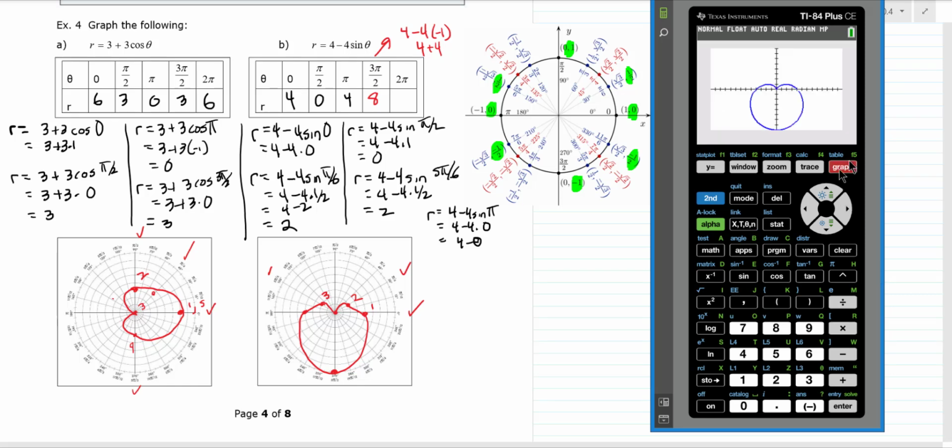And that's the same thing we got. We did a couple extra points to add to the accuracy. Again, if you start by tracing at 0, and then if you just press this, it'll give you a feel for what's going on in the problem. You'll see the order it's going through. As the angle gets bigger and bigger, the radius is changing. So that's the idea. That's worth doing.